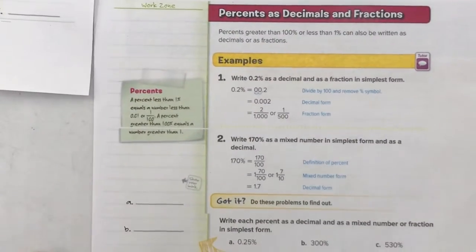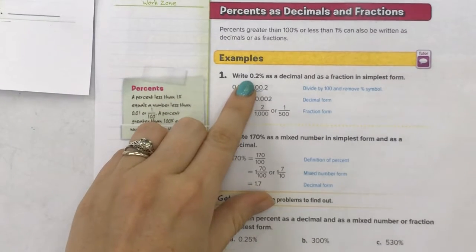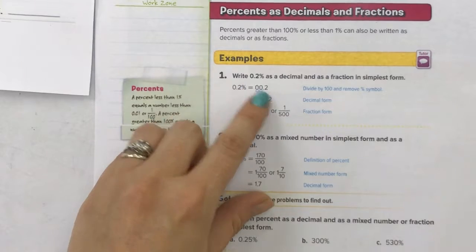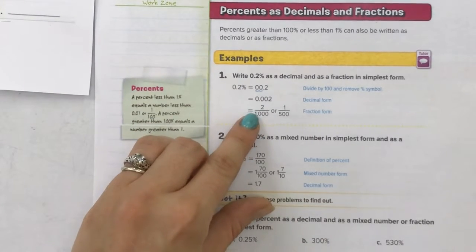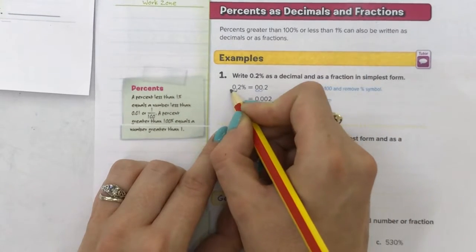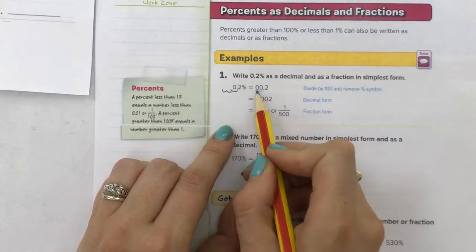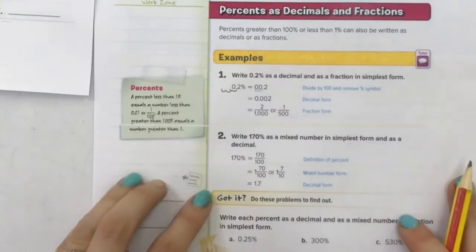Percents greater than 100% or less than 1% could be written as decimals or fractions. So 0.2% is the same as saying 2 out of 1,000 because you'd be moving this over 1, 2, 3. Right? So it's out of 1,000.